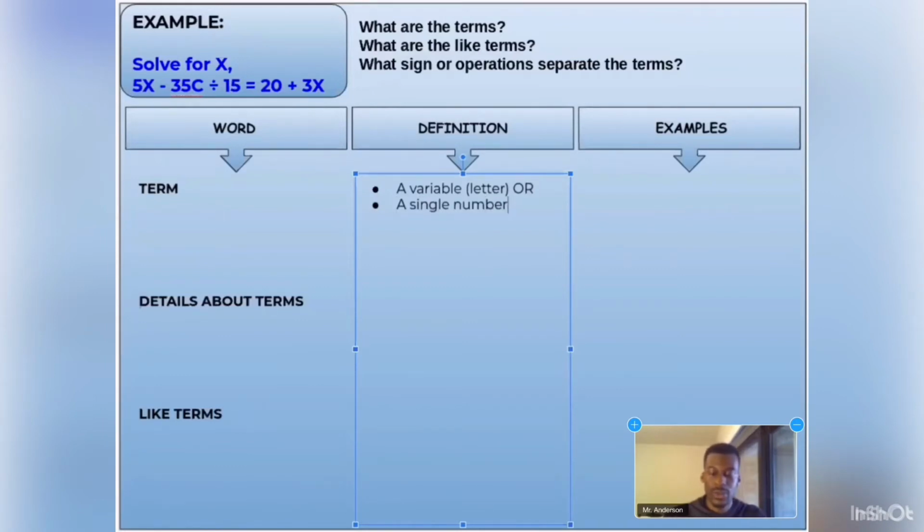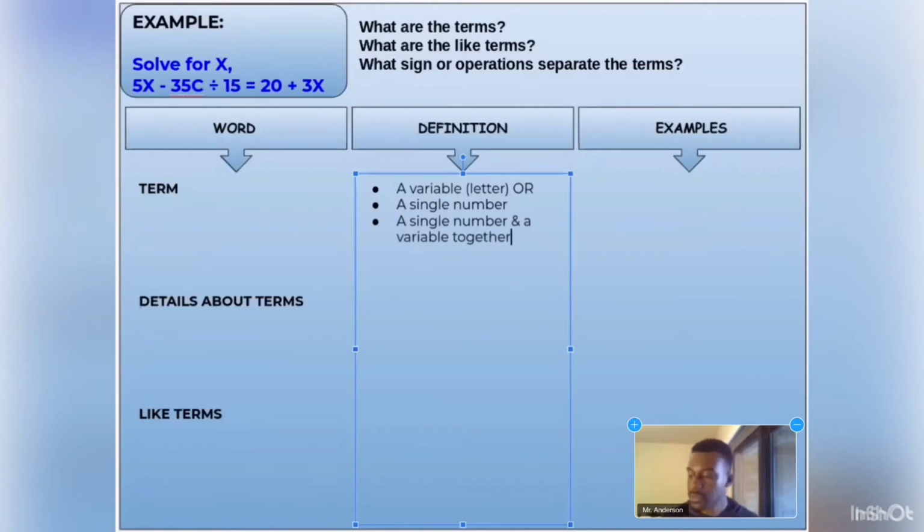And when I say a single number, and I'll show you some examples on the side after I just write the definition, or it can be a single number and a variable, excuse my spelling, together.